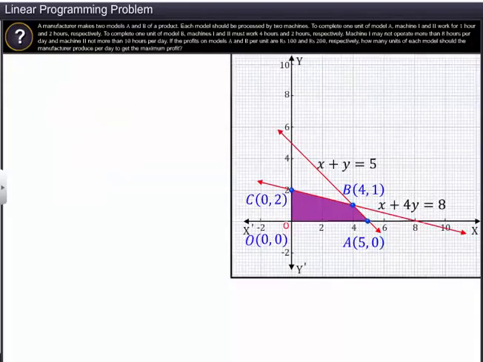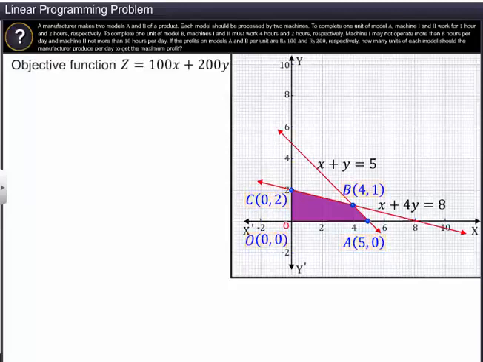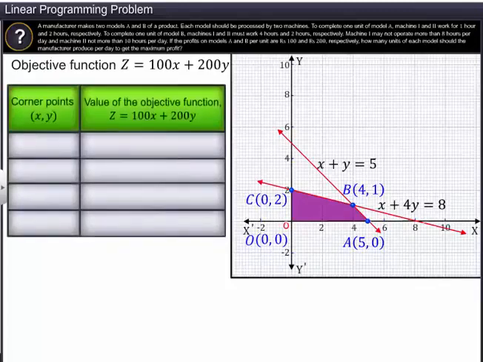Let's come back to the problem that we were discussing. Here, the feasible region is a closed region. The corner points are O(0, 0), A(5, 0), B(4, 1), and C(0, 2). As per Theorem 1, the objective should be maximized using the corner points of the shaded region. Let us substitute the corner points in the objective function.